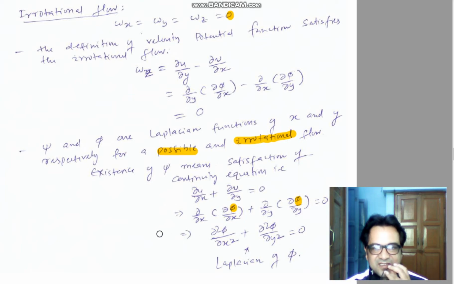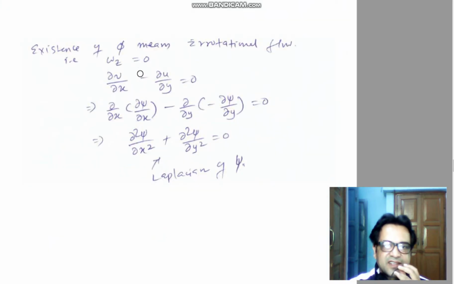In mathematics, you must have studied the Laplacian of any function. Similarly, existence of phi means irrotational flow. Suppose in 2D the flow takes place in the xy plane, so omega z equal to 0. So what is omega z? Del v by del x minus del u by del y equal to 0. Now replace u and v by the use of stream functions: u equal to minus del psi by del y, v equal to del psi by del x.